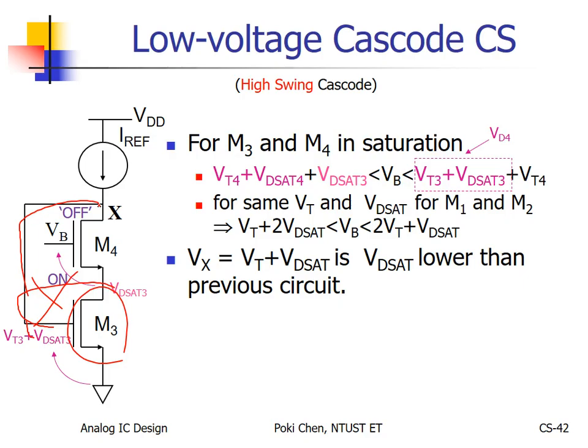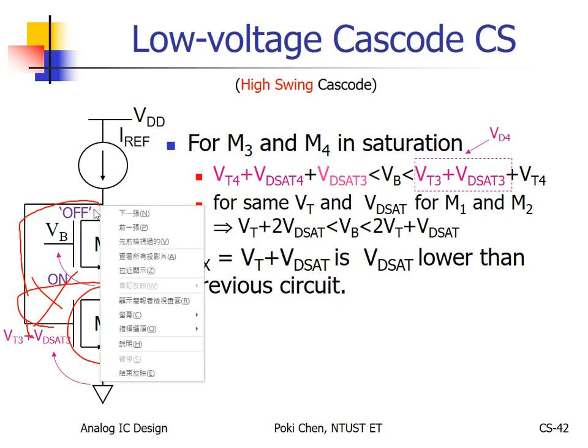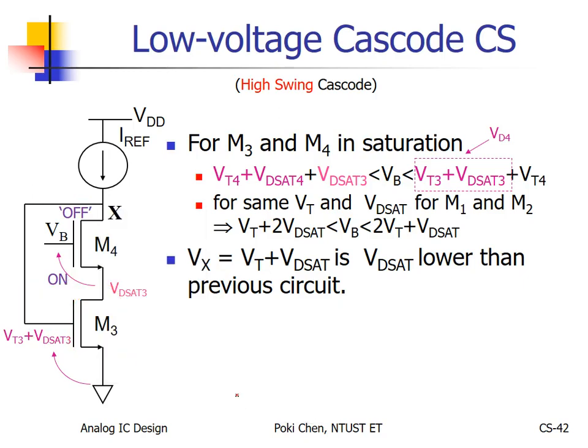So what is the minimum voltage here? Again, 1 VT, 1 delta V. And how about the regular cascoding? 1 VT, 2 delta V. We reduce the voltage requirement by 1 delta V instead of 1 VT. Sorry for that.